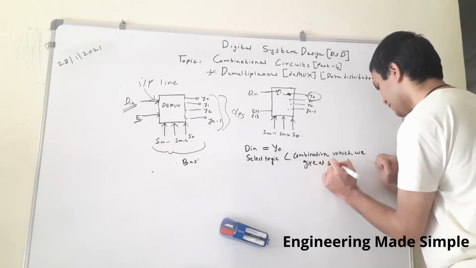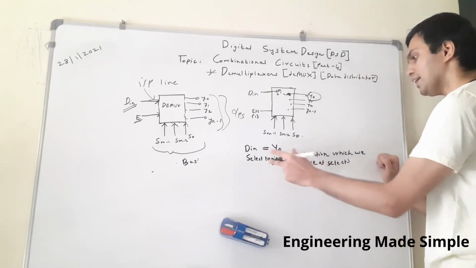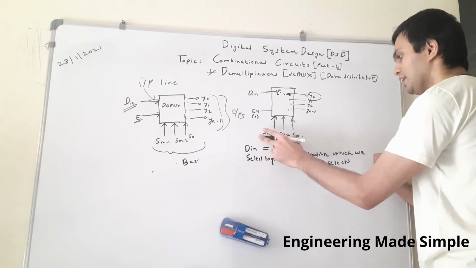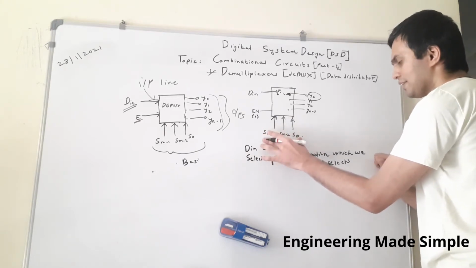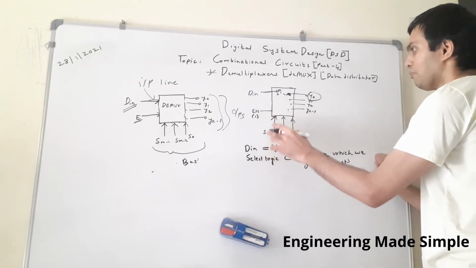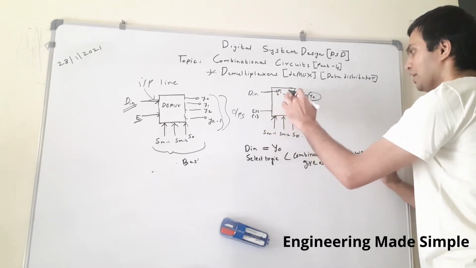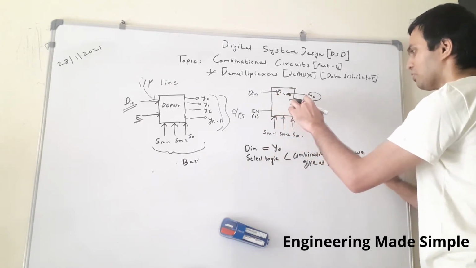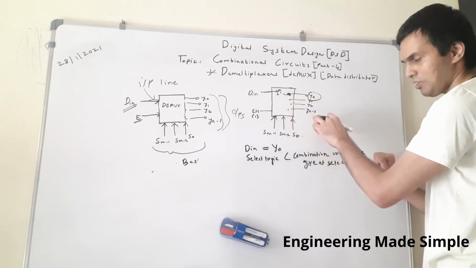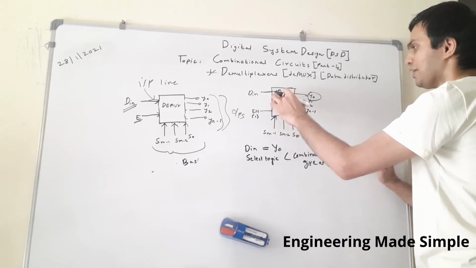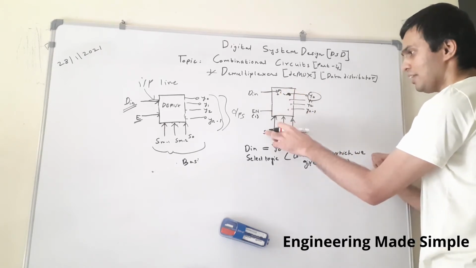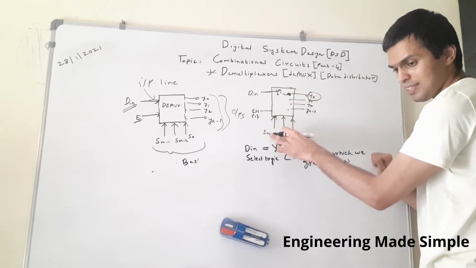Depending upon the combinations of input applied at the select lines, it would determine whether DIN will be connected to y0, or y1, or y2, and yn and so on. So to which output the input will be transmitted is governed by your select inputs. That is why they are known as select inputs.